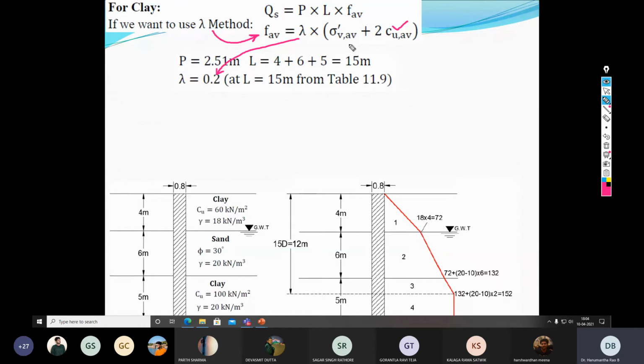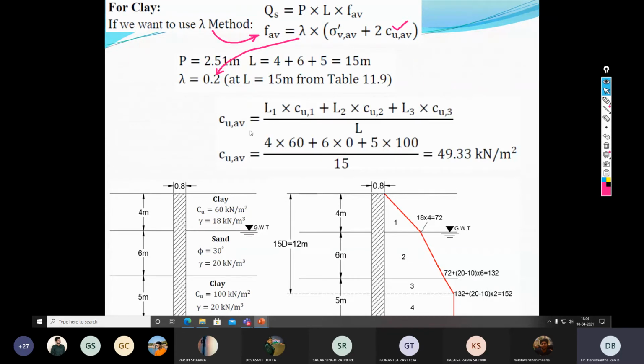Now you need to further calculate the sigma V dash, the mean effective vertical stress, and the mean cohesion value. First you calculate the mean cohesion, which is nothing but L1 into Cu1, because 3 layers are there, plus L2 into Cu2 plus L3 into Cu3, divided by the whole length.